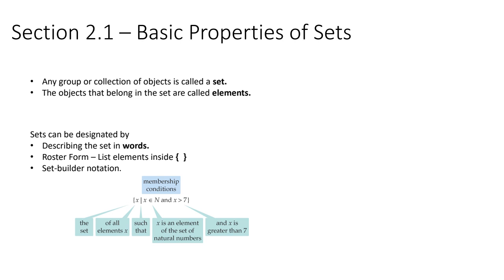We also have the set builder notation, which you see on the bottom. This one focuses on describing the set. If you look at the example below, where it says membership conditions in blue, we have brackets.